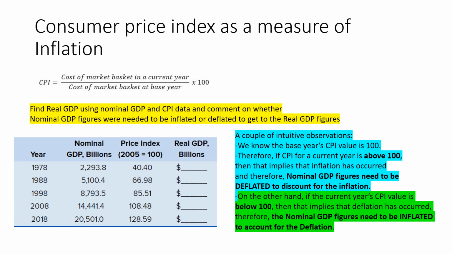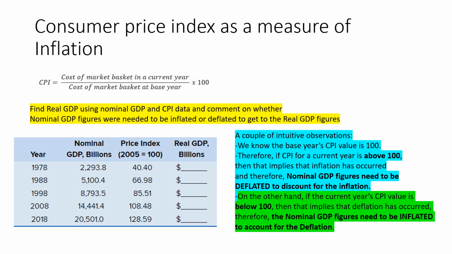So here the base year is 2005, price index for the base year is 100. Then a year such as 1978, which was almost 20-something years previous to 2005, right? So that year prices were cheaper.